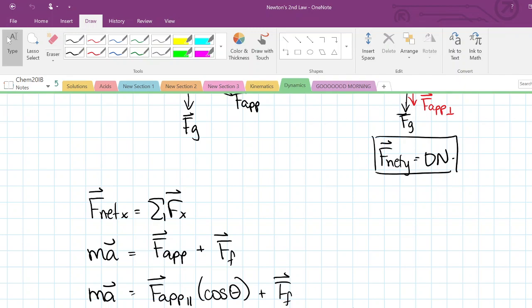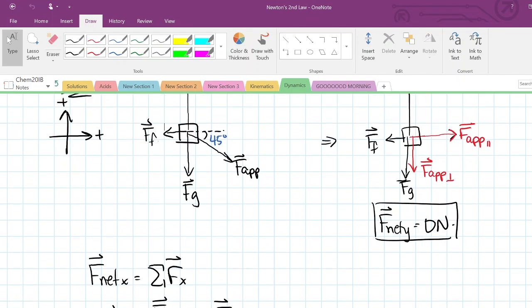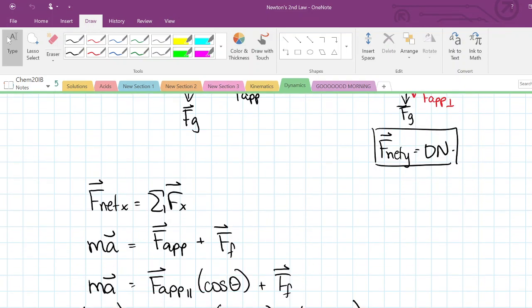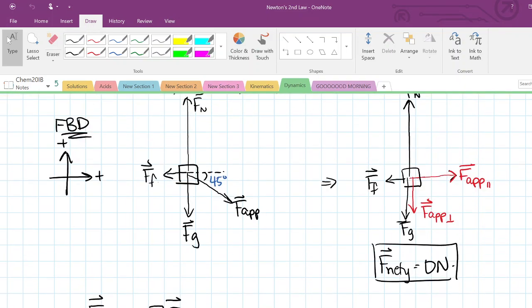Because F net in the x direction is not equal to 0, I need to restate this as mass times acceleration. Then if I sum the forces in the x direction, I have my force applied and my force of friction. Now the force applied isn't this vector here applied at the 45-degree angle.